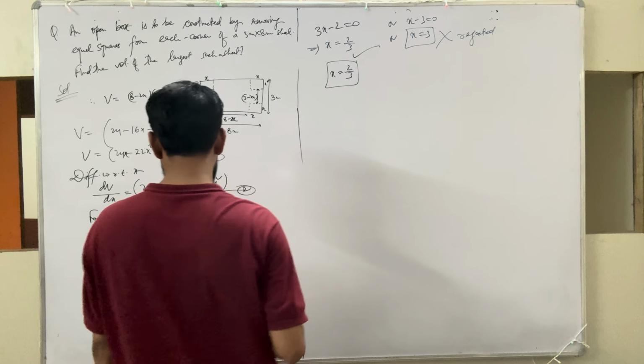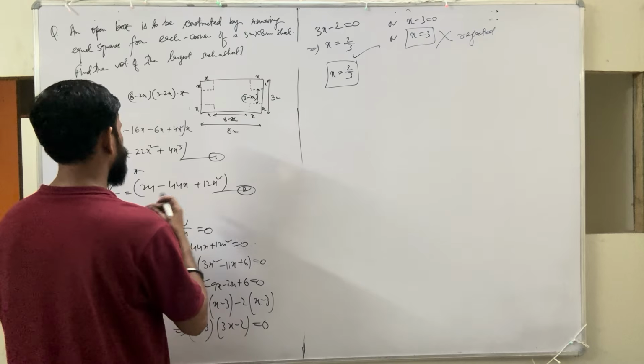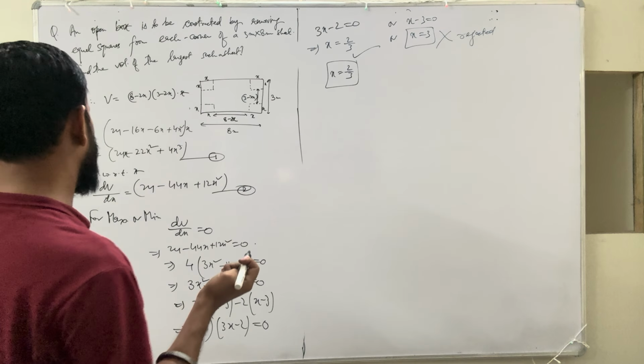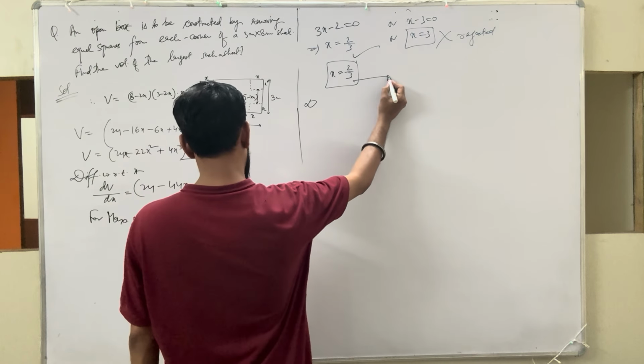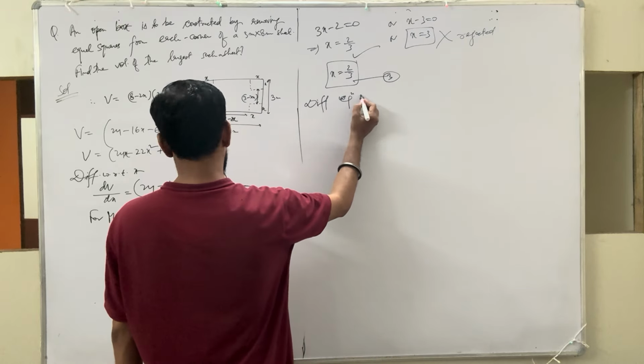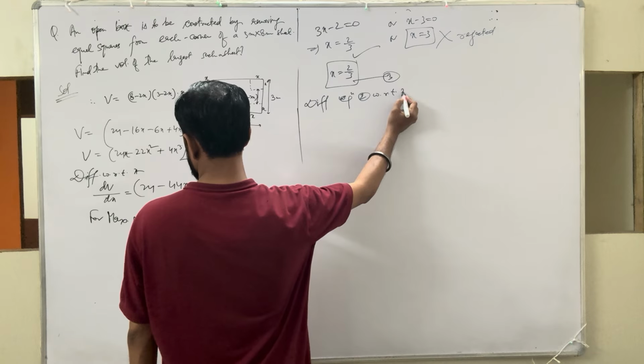Now we'll differentiate equation 2 again, to check whether at x equal to 2 by 3 we get maximum volume. So let this be 3. Now we differentiate equation 2 with respect to x.